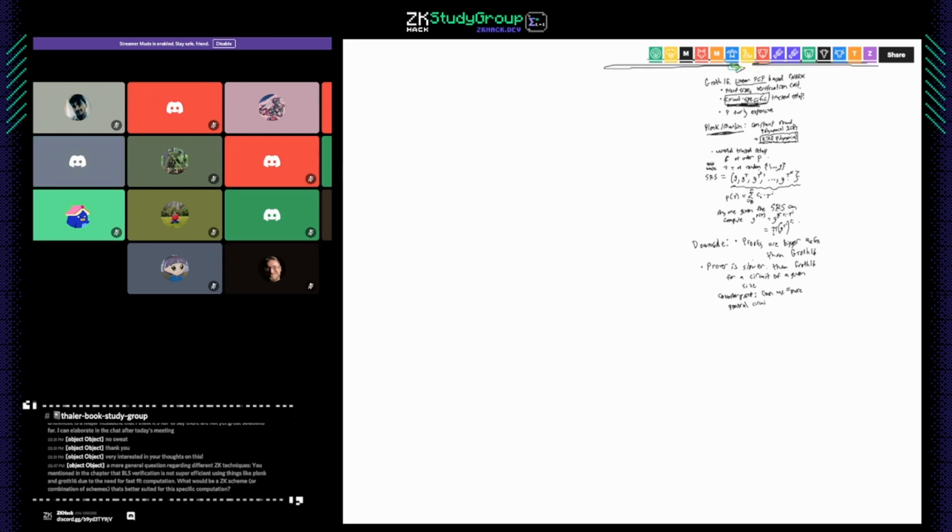So if you've heard of PLONKish arithmetization, that's what the Zcash people refer to this as. It's sort of using something circuit-like, but the circuits can have operations other than addition and multiplication. They can be higher degree than just degree 2.